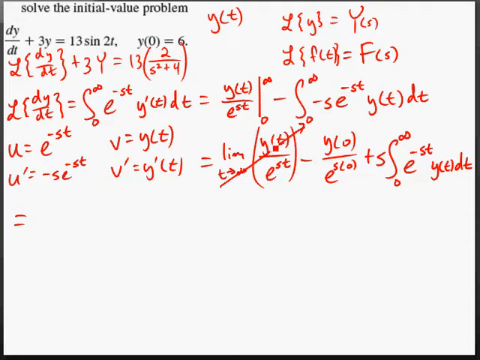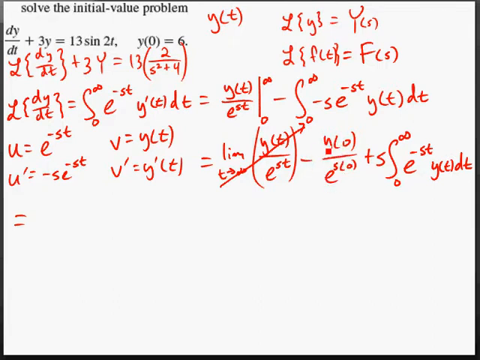This exponential e to the st will wind up overtaking eventually this function that we have up here of t. So with that said, that goes to 0, and what you have here, and I want you to notice this is going to be 1, of course. So this is minus y naught, minus y of 0 over 1.